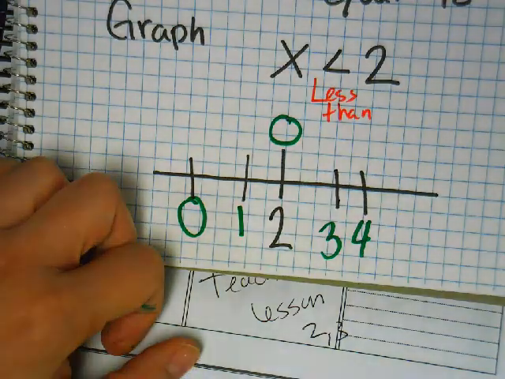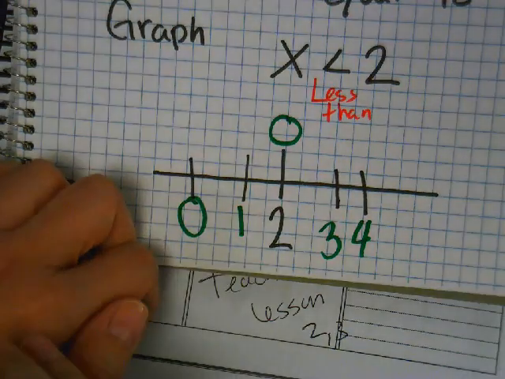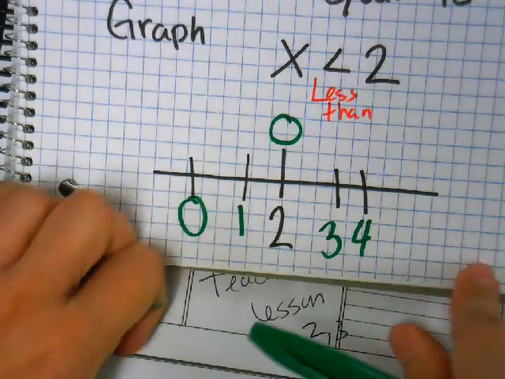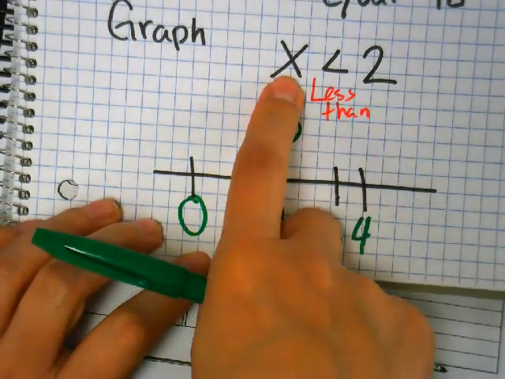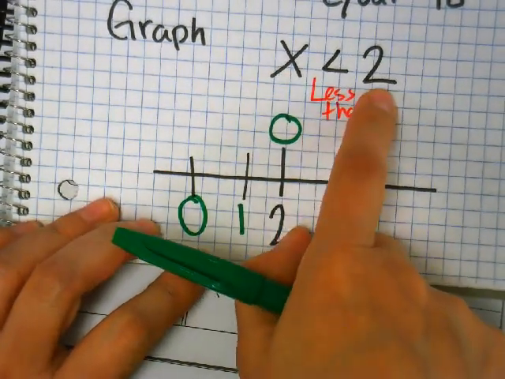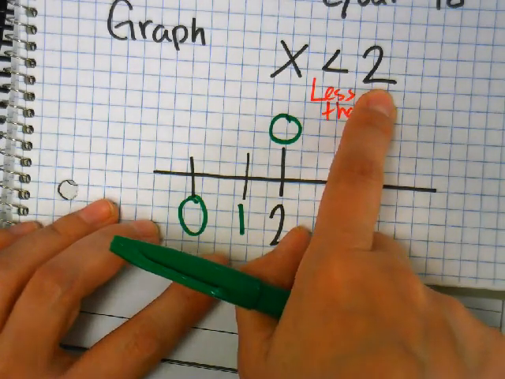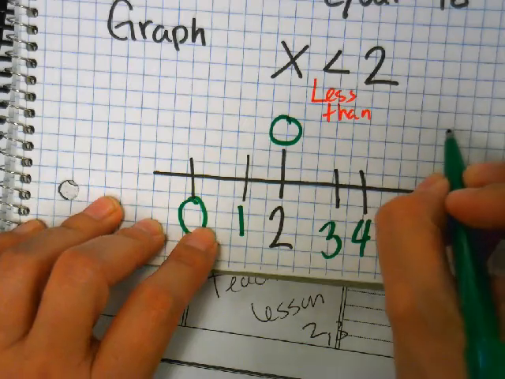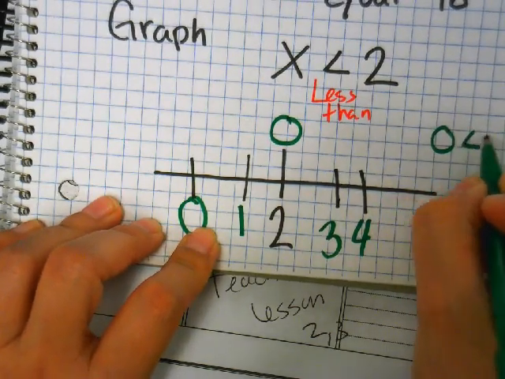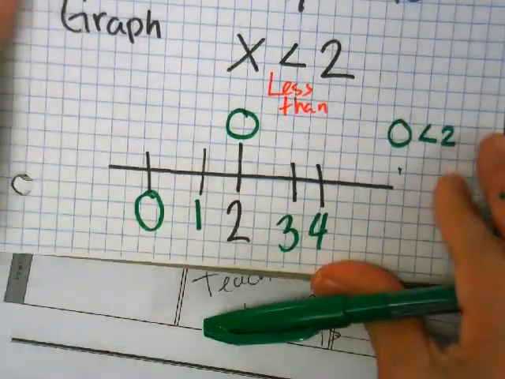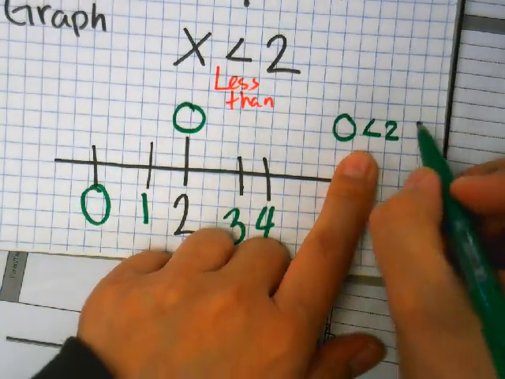Now, you're going to tell me which numbers are less than 2. 1 and 0. Okay. So if I put 0, is 0 less than 2? Yes. So would my alligator be happy here? Yes.